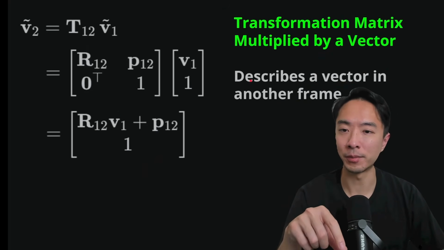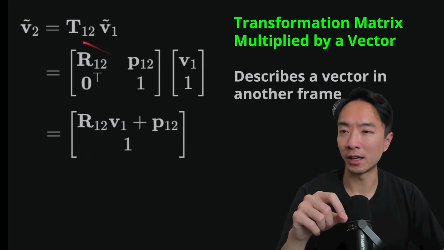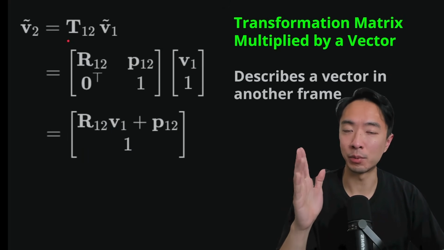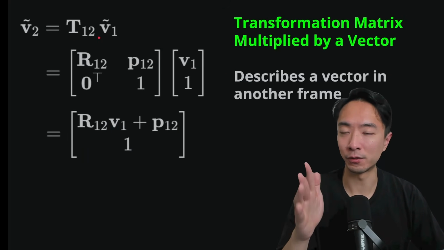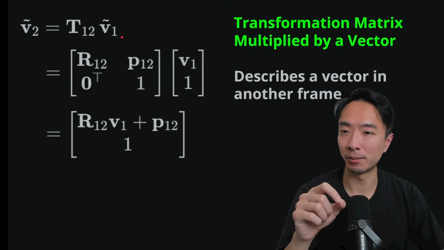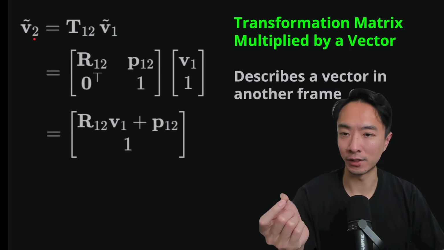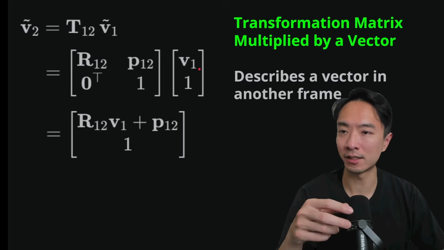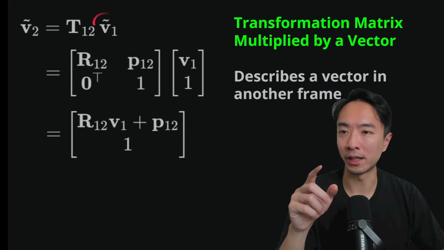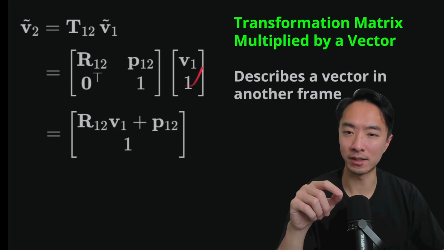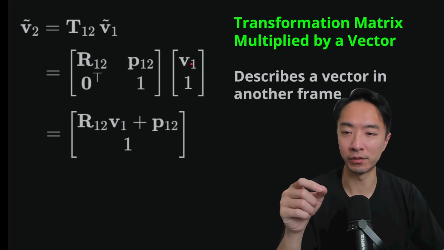in a different frame. So to do that, we have our transformation that brings us from frame 1 to frame 2. You multiply it by v1, and then we'll get v2. So to look at this, we have the v1 with that little tilde on top. This is basically v1 padded with a 1 on the bottom to make this a 4x1 vector.